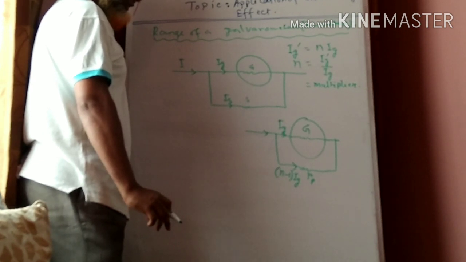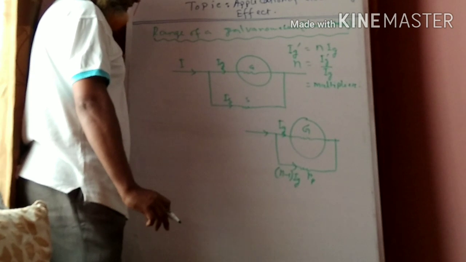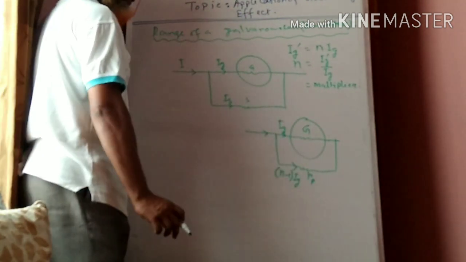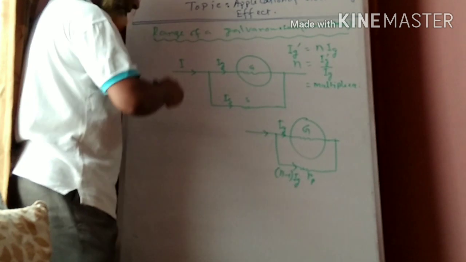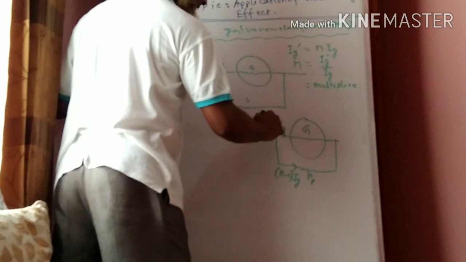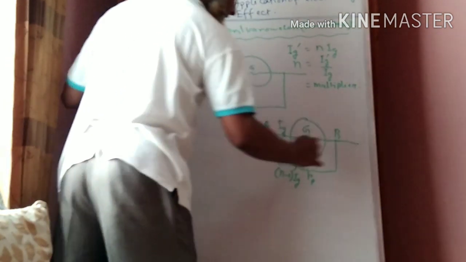So now how much shunt resistance is required? See, these are connected across AB in parallel.